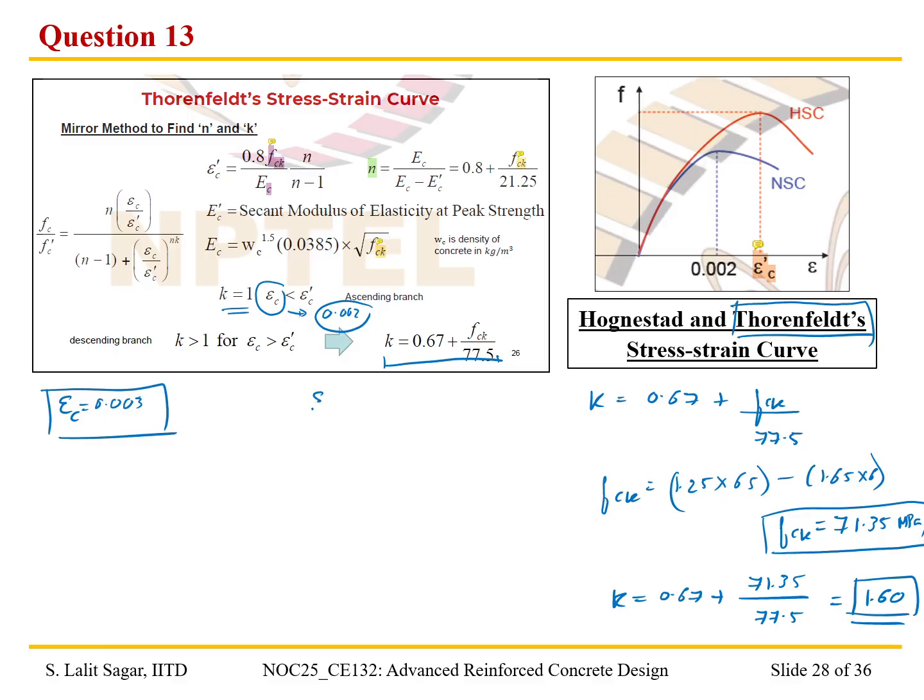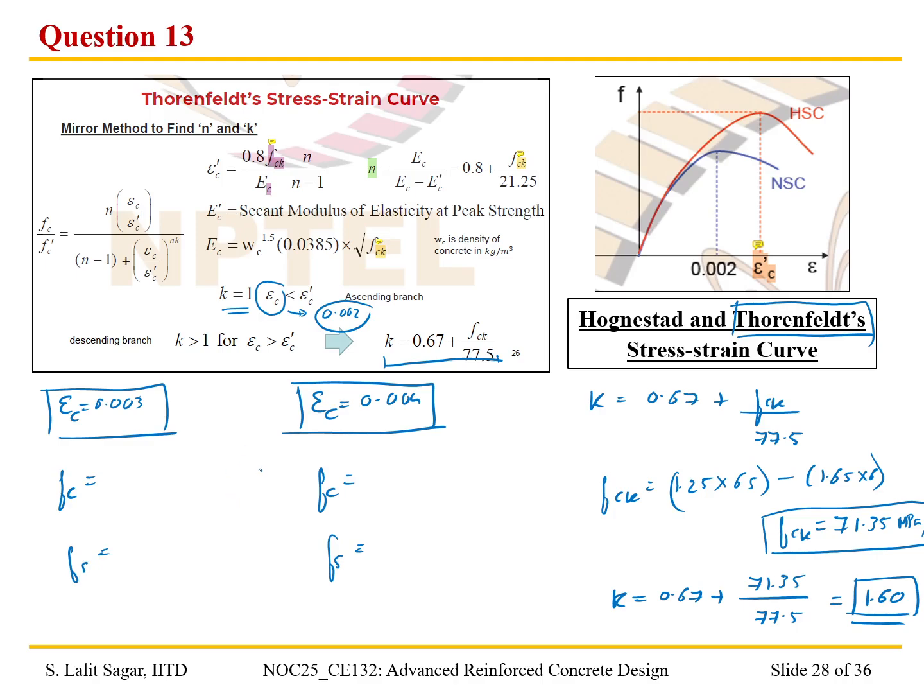Now let us try to create different blocks for epsilon c is equal to 0.003 and epsilon c is equal to 0.004. Our target is to find out the value of fc corresponding to this value, and fs corresponding to this value, right?